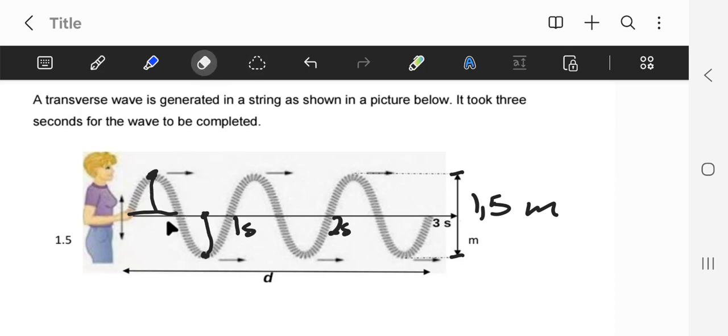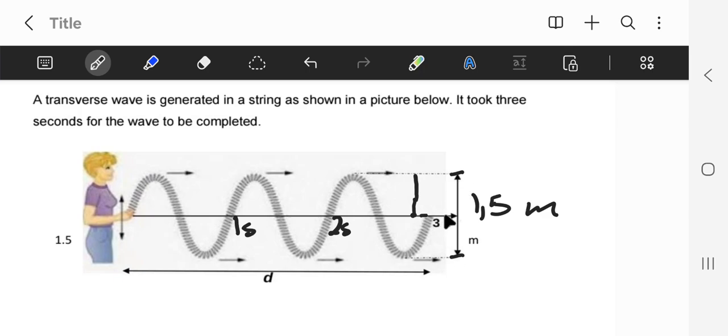So my amplitude is the displacement of particles from their rest position. The question is asking us, what is the amplitude on this transverse wave? What we'll see is that from this point to this point we have our amplitude, but the problem is that the distance we are given here is 1,5 meters, and 1,5 meters is the combination of the amplitude at the top and the amplitude at the bottom. But we do not want the whole distance.